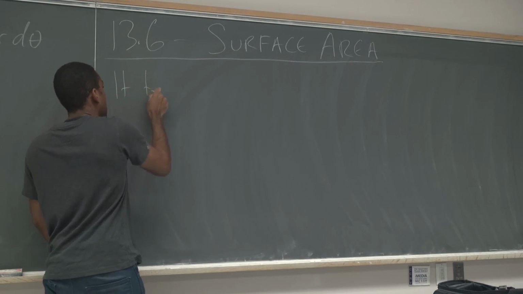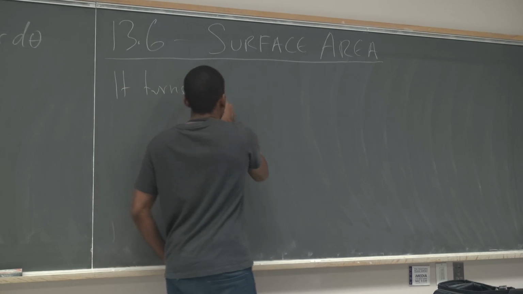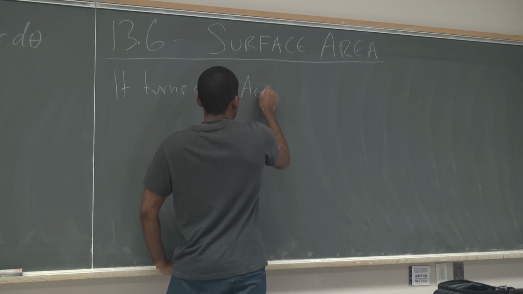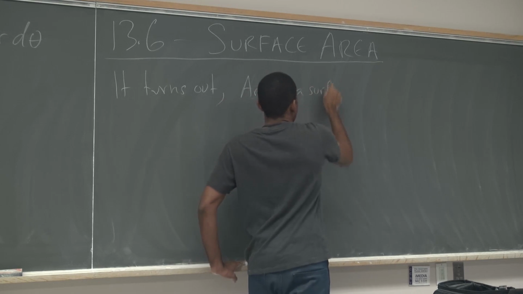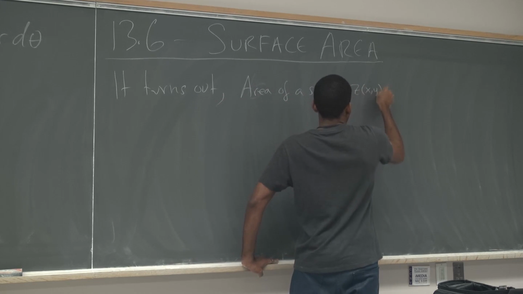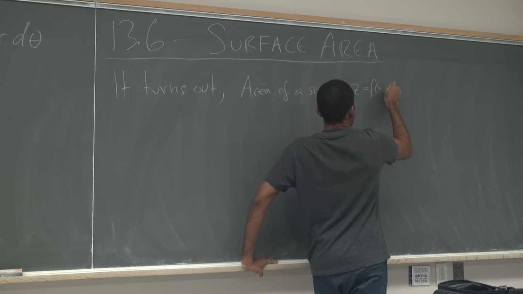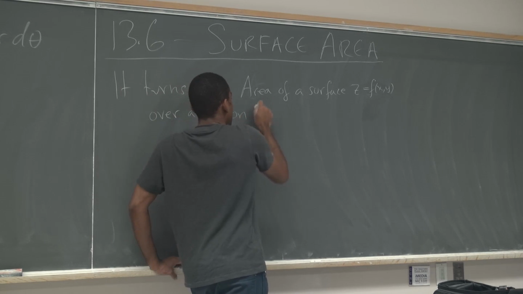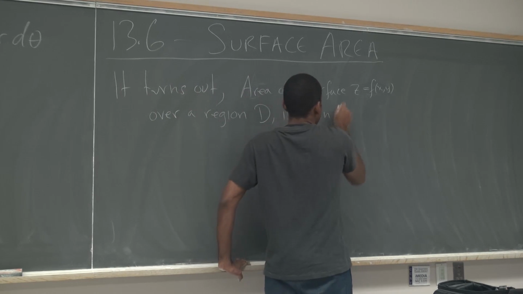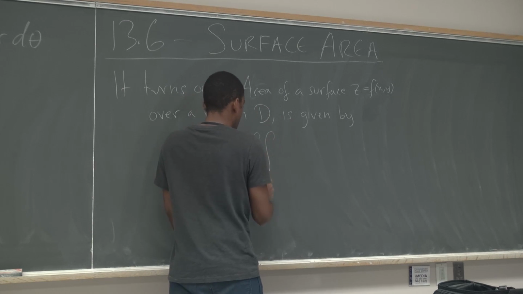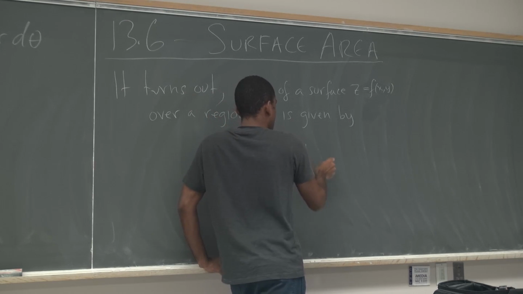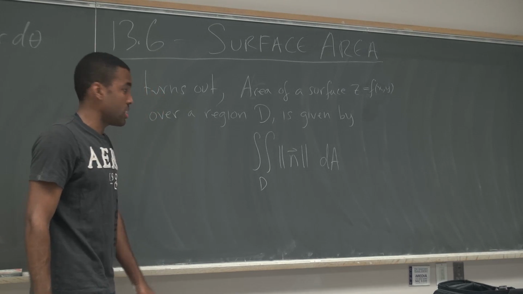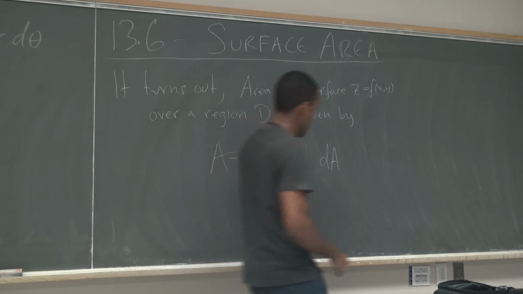It turns out that if you want the area of a surface z equals f of x, y over a given region, make the region of projection D and integrate the normal vector to the surface, and that actually gives you surface area.